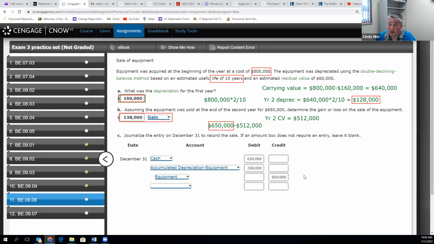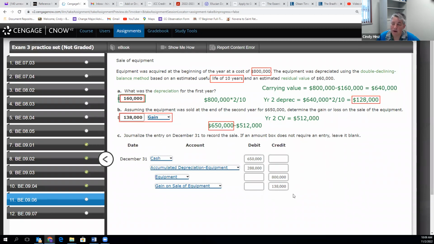If we look at this, we know we can't be done because the debits and the credits aren't equal. They're out of balance by $138,000. And that $138,000, as we said in Part B, is the gain that we realized when we sold the equipment. It's making up for the fact that we reported too much depreciation in the first 2 years.